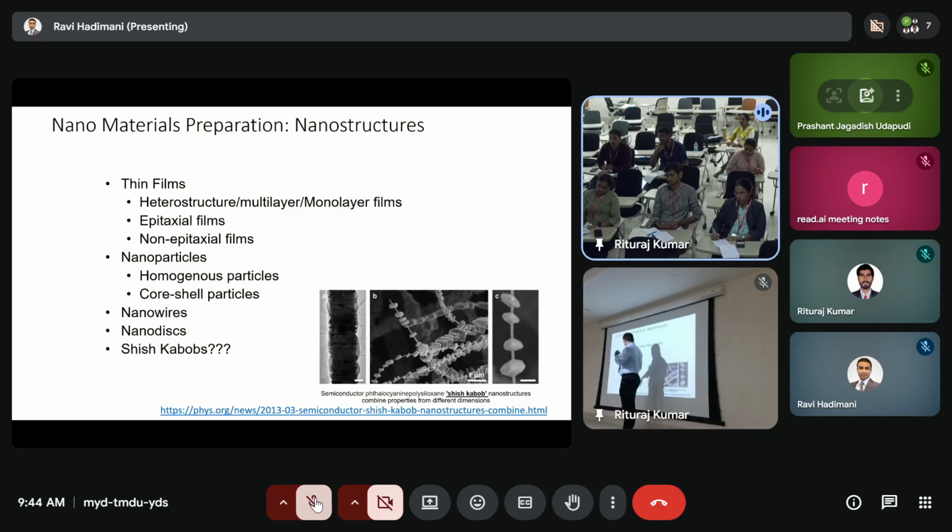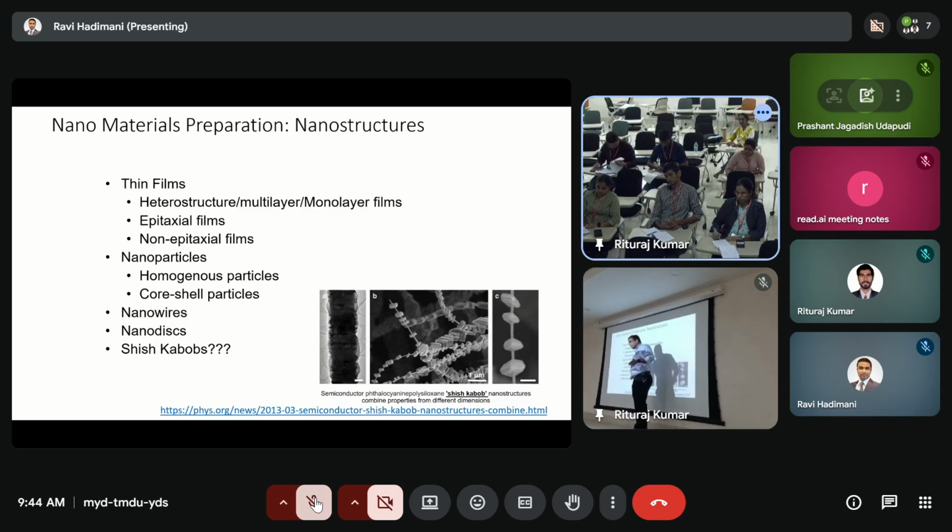Non-epitaxial is like polycrystalline. Then we have nanoparticles, and within nanoparticles, you have homogeneous nanoparticles, and then you have core shell nanoparticles. There is a core, which is a different material, and then you coat it with some other material, called core shell nanoparticles. Then you have nanowires, nanodiscs.